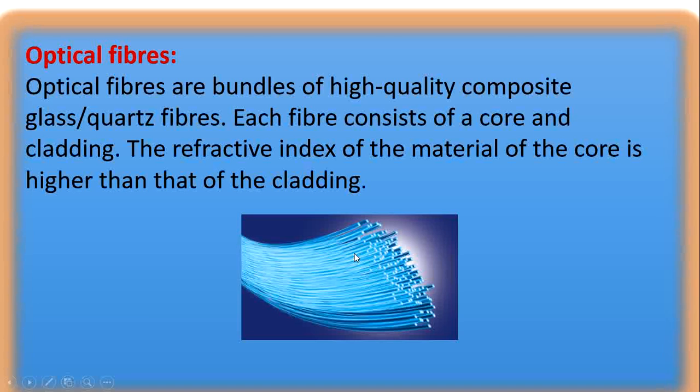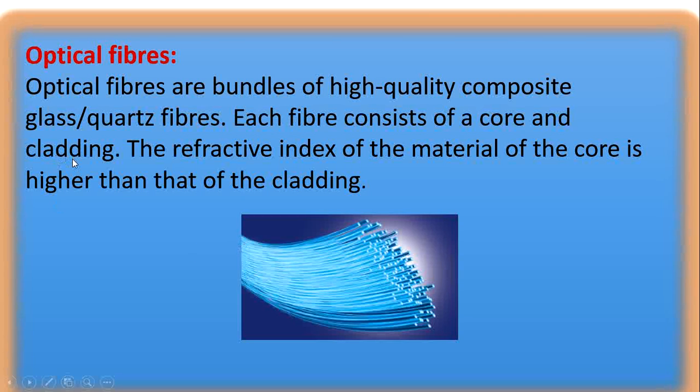Optical fibers. What are optical fibers? Optical fibers are bundles of high quality composite glass quartz fibers. Each fiber consists of a core and cladding. What is called the core? It is the most essential part, the very center part of the object.